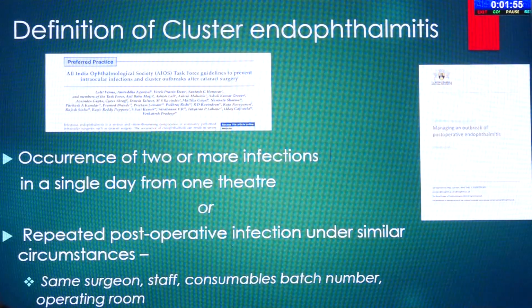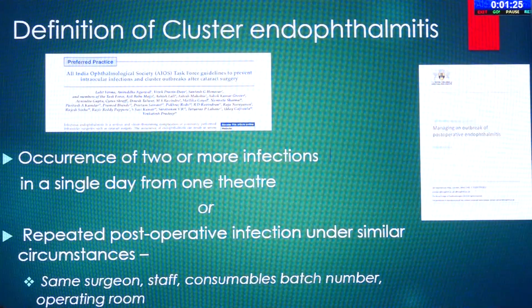So it is recommended that we follow this definition: occurrence of 2 or more infections in a single day from one theater, or repeated post-operative infections under similar circumstances spread over a period of time. So if you come across a case of endophthalmitis, you need to dig deeper and follow your surgical cases very strictly.